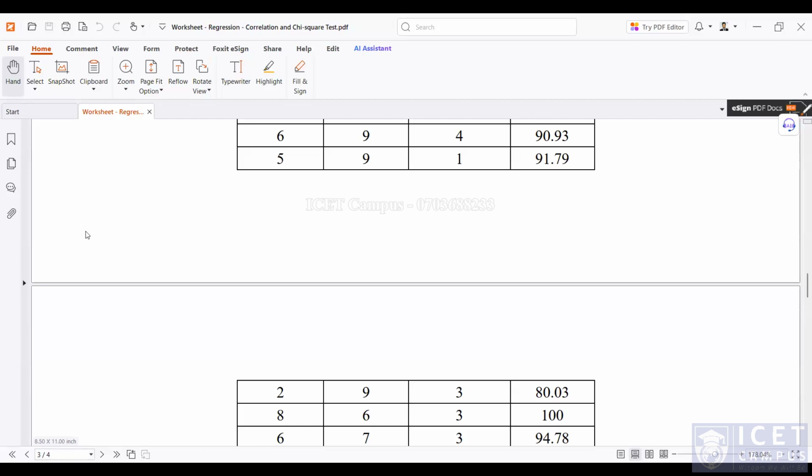Give me 1 second. Right. Here we can enter the data.